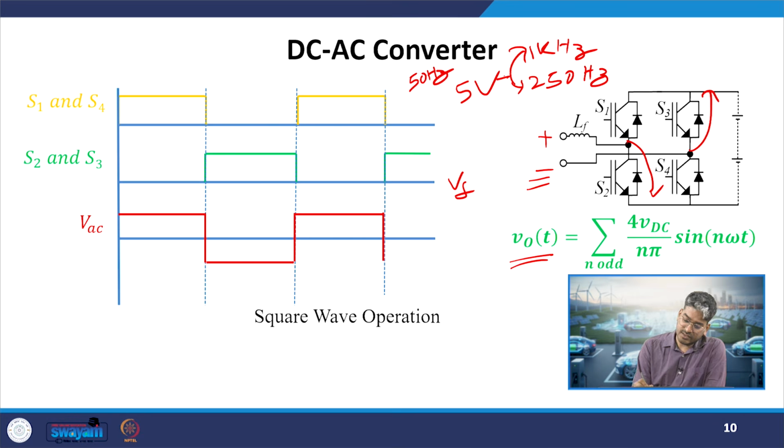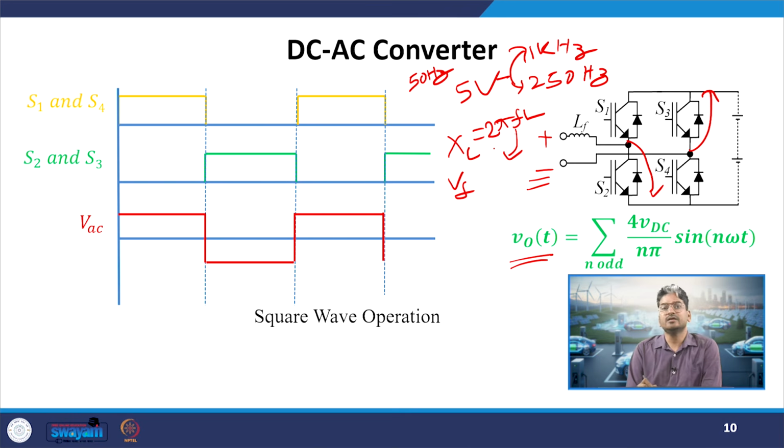So, we will see that. When my frequency is less, what will happen if I have an inductive load? I know the impedance offered by an inductor is equal to 2 pi f into the L value. So, in the first case, when I subject it to the fifth harmonic, the impedance will be less compared to when I subject it to the 20th harmonic.